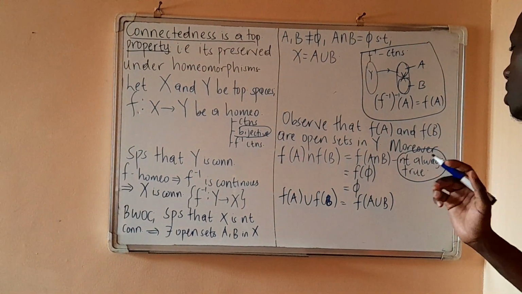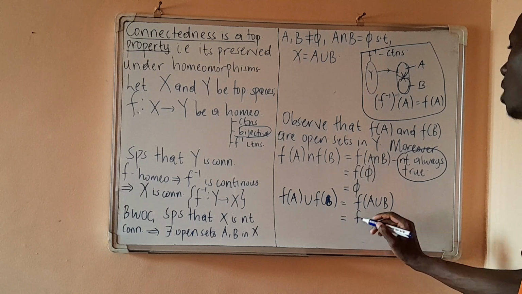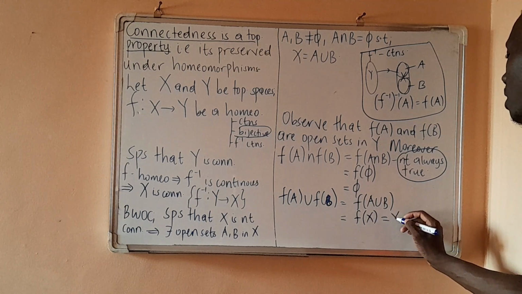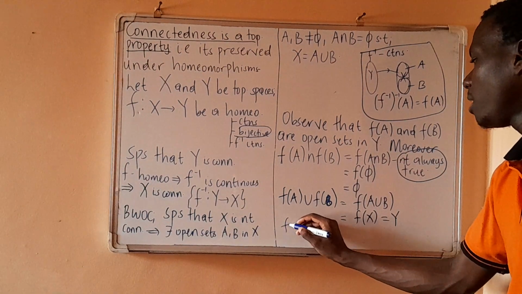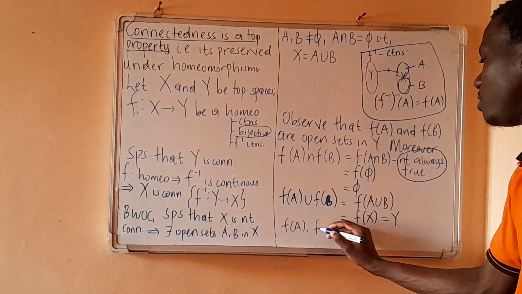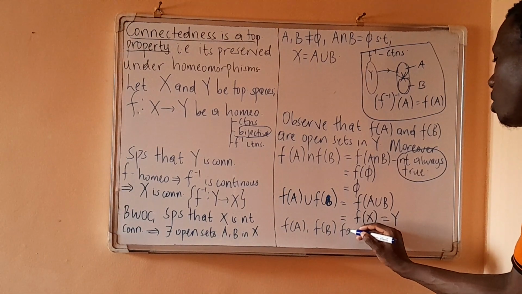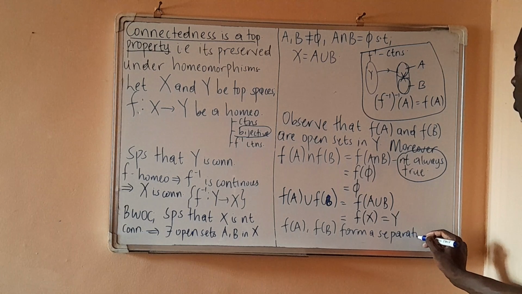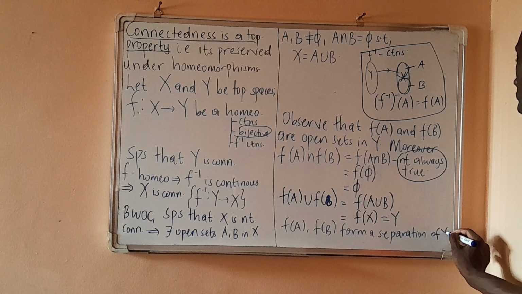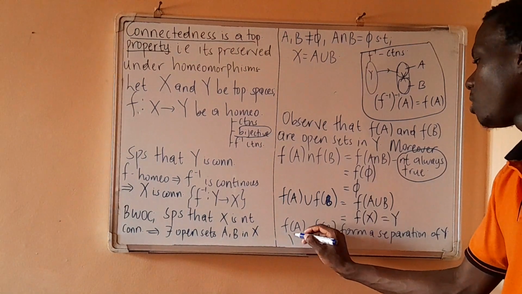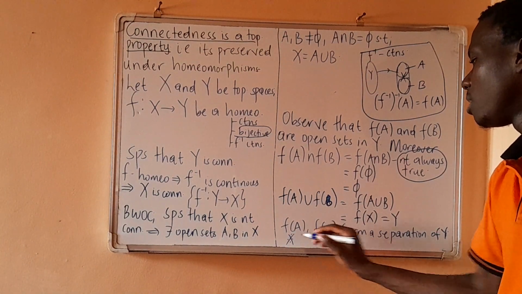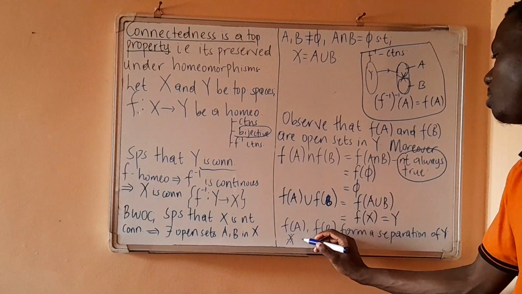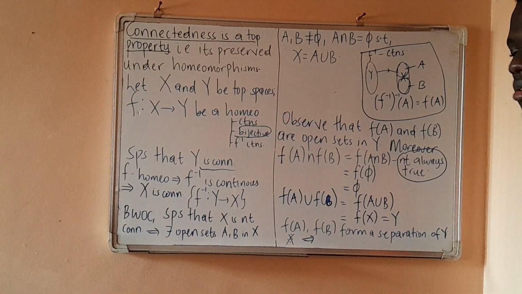A union B is X, and f of X is Y. So f of A and f of B form a separation of Y. This is a contradiction to the fact that we supposed Y is connected, implying that our original assumption was wrong.